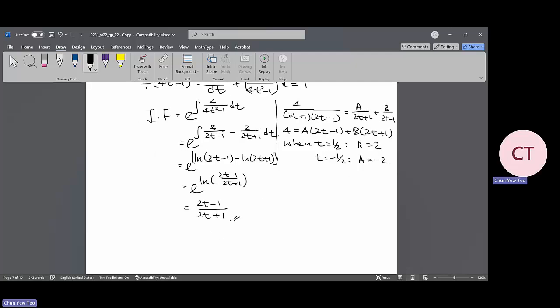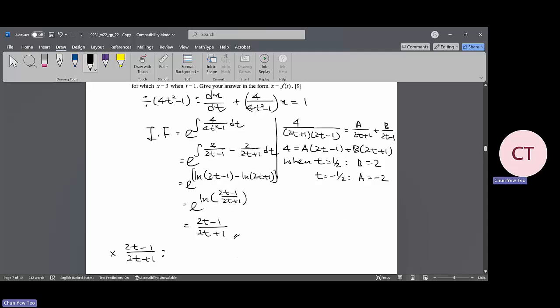So once you have the IF, you just multiply everything by the IF. Maybe I call this one equation 1. So take equation 1, multiply by the IF, then you will get this.